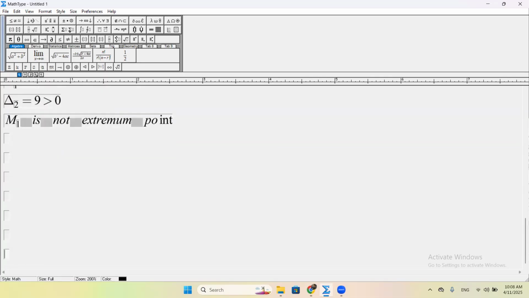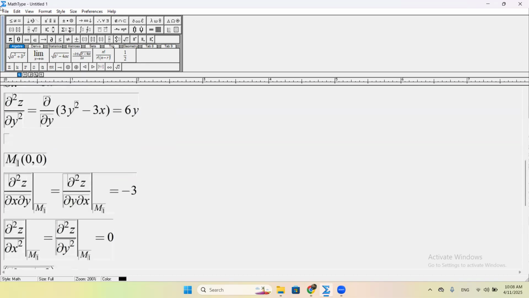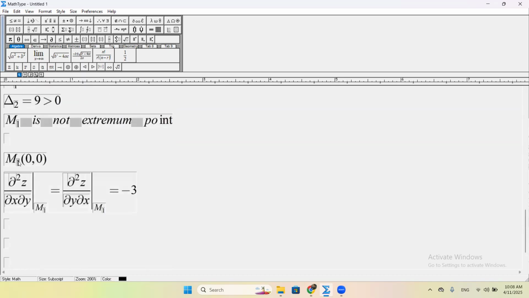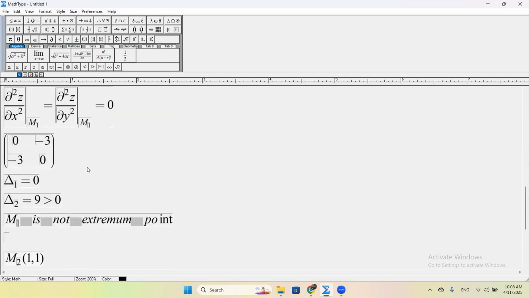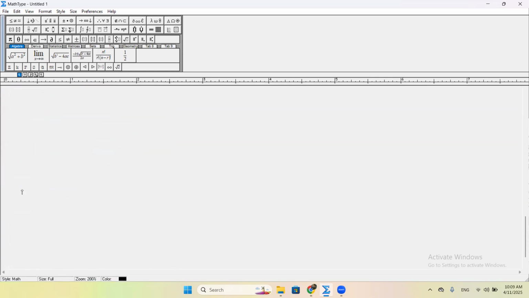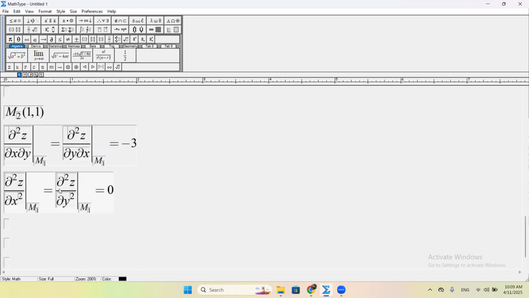Now doing analogical stuff for the point M2. So actually for mixed derivatives, it will be analogical because they are constants, and for the clear derivatives, we will have different values.